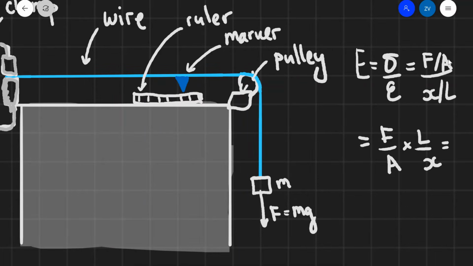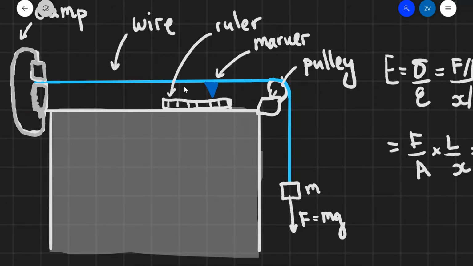For the area of a wire, we can use a micrometer screw gauge to determine the diameter, and then just use pi d over 2 squared. Our extension we'll be able to determine with this setup, with the marker and the ruler underneath it, and our original length of the piece of wire we can just determine with a ruler.